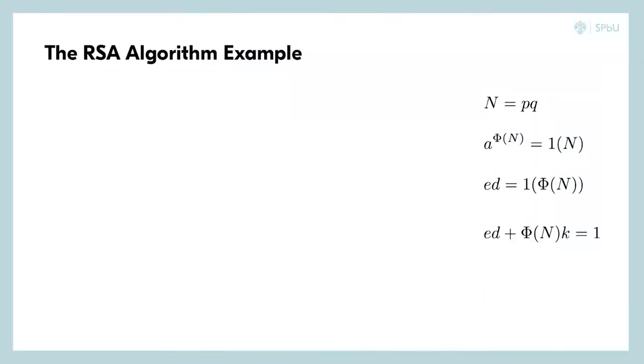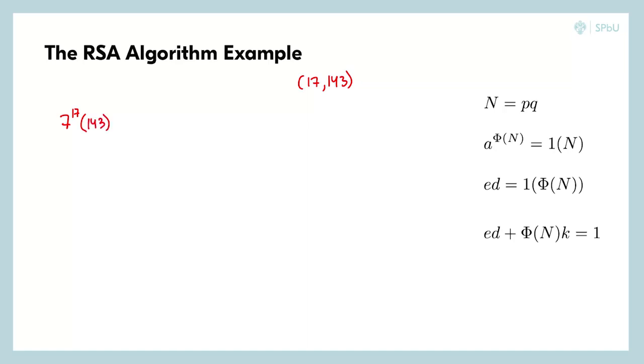Okay, so we have this public key, which is 17, 143, and we have to encode message, which is 7. So we have to raise 7 in the power 17 modulo 143.